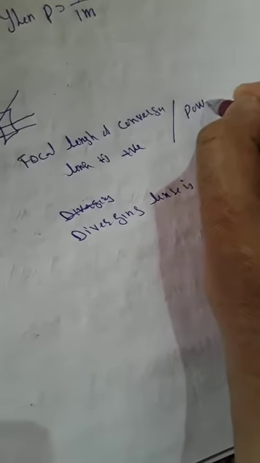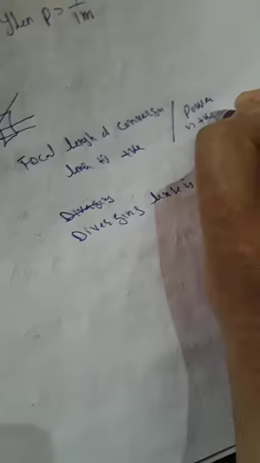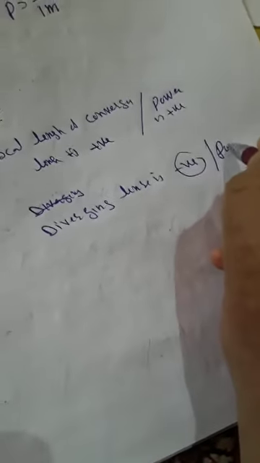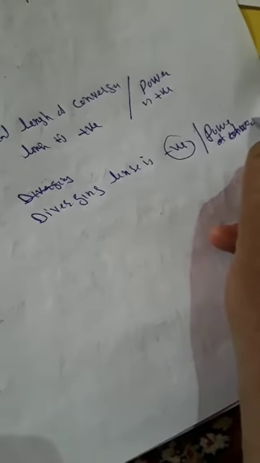That means power of a converging lens is positive, and the power of a diverging lens is negative, because it depends upon the focal length.